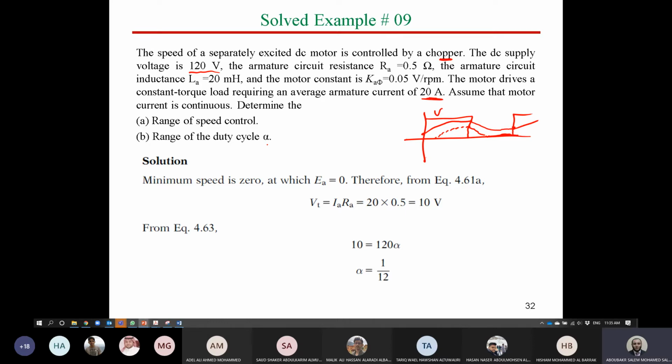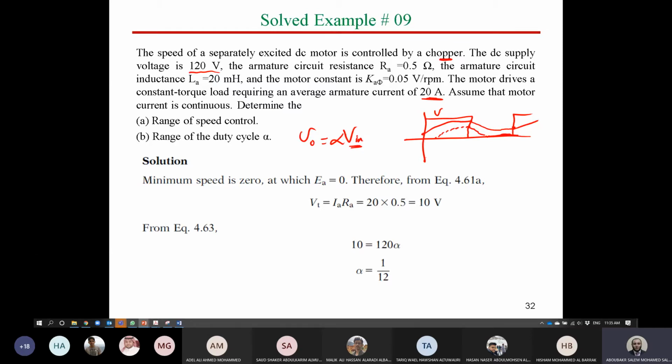What is the maximum speed we can obtain, يا شباب, for a DC chopper? You know the relation V out equals alpha multiplied by Vm. You have Vm constant value of 120 volts. So what will be the condition to obtain maximum speed?